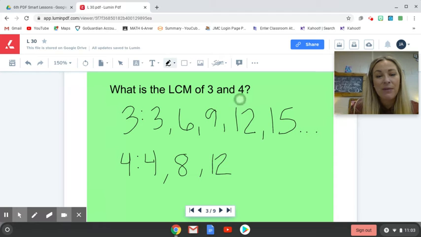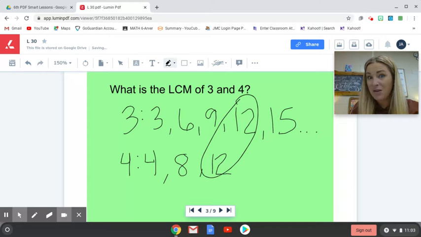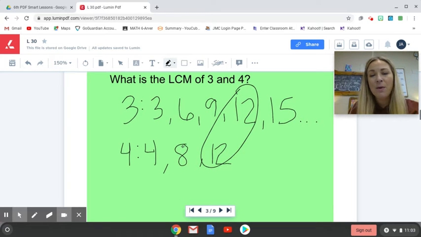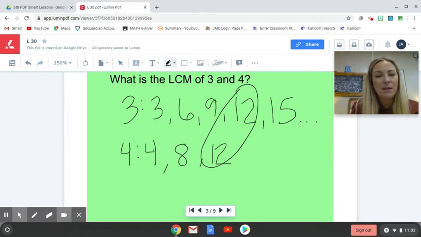I can see that they have a common multiple. I'm going to circle it. And then please don't leave your answer like this. This is not super clear. A good way to write your answer would be LCM equals 12, but just 12 is fine. Just make sure you write it out a second time.